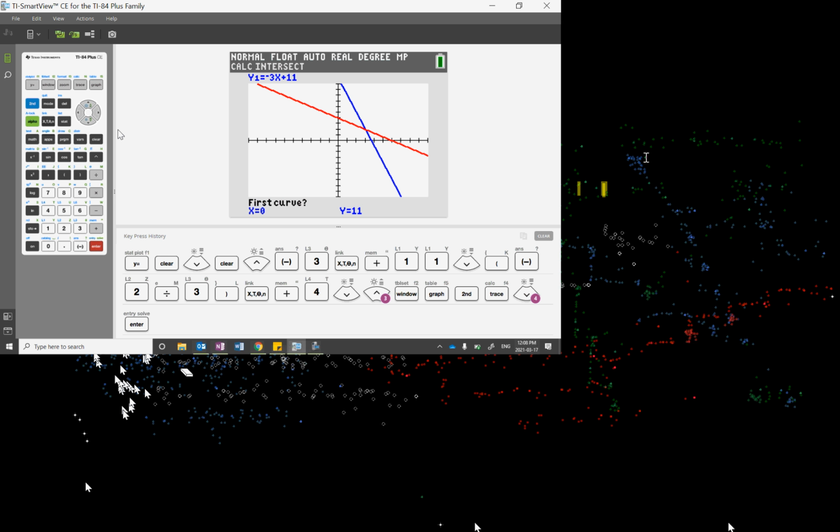So that means my cursor's slightly out of the screen. It's slightly high. So if I go slightly to the right, I see it come down. Press enter for the two curves where they cross. So you should find the same intersect point that we have previously, okay?